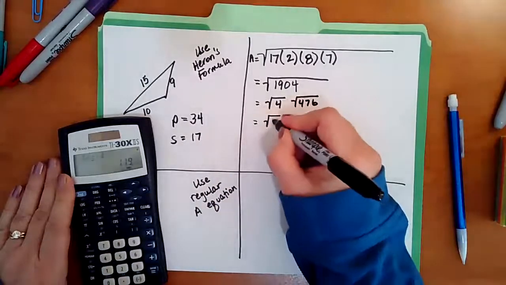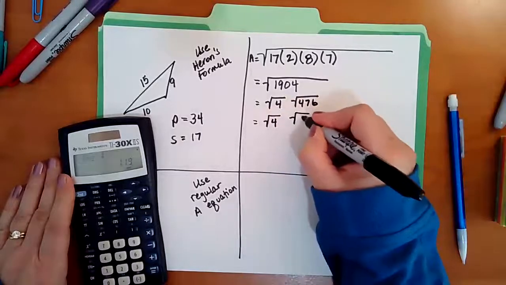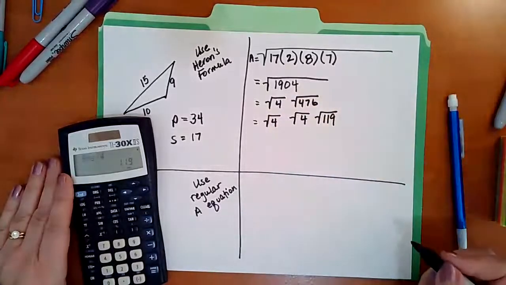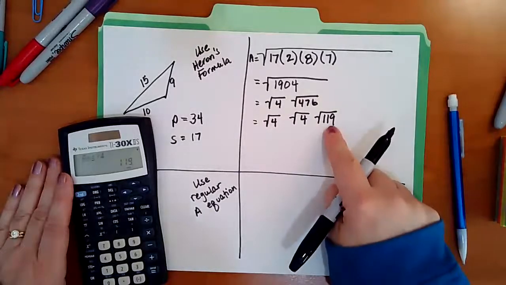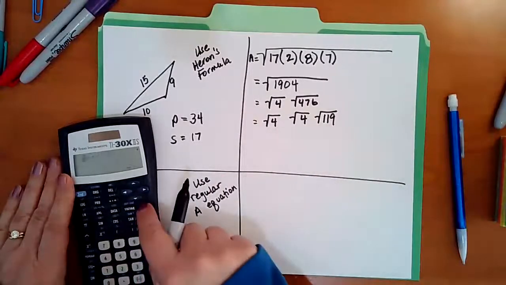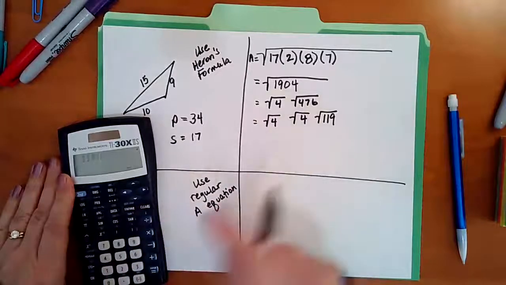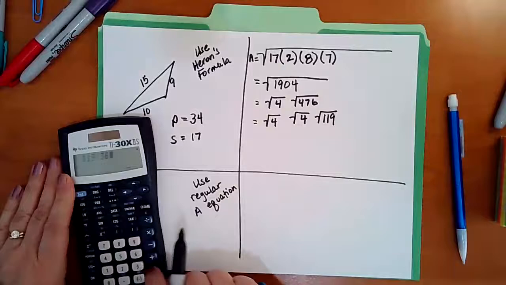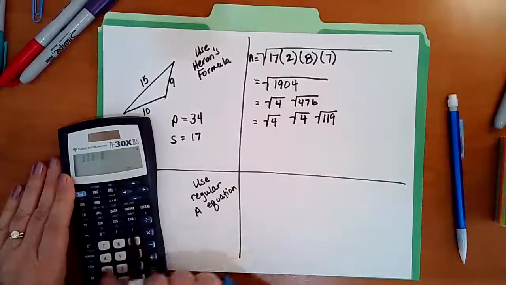So now this is going to equal the square root of 4 times the square root of 4 times the square root of 119. Now, I am pretty sure that I cannot further break down 119, but I'm going to try. I checked 4. I'll check 9. No. 119 divided by 36. No. 119 divided by 16.